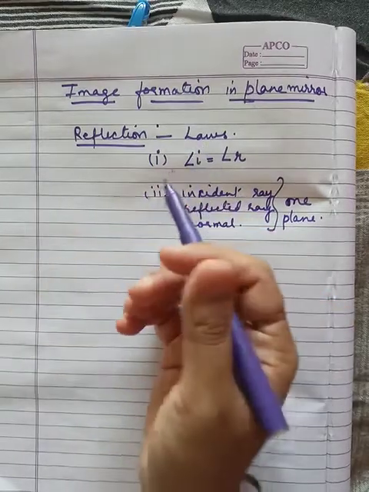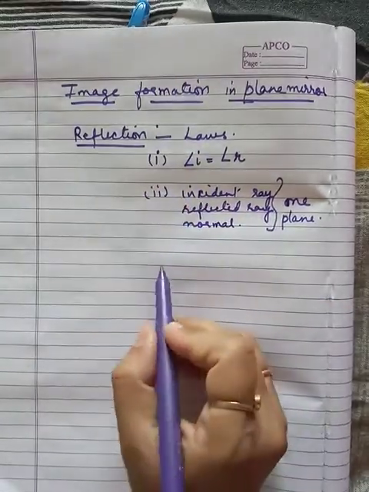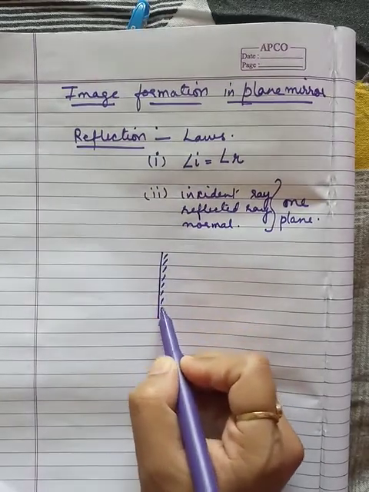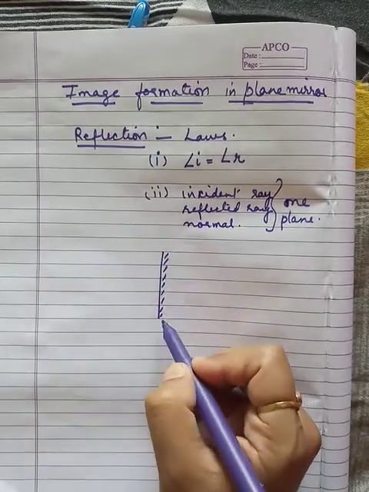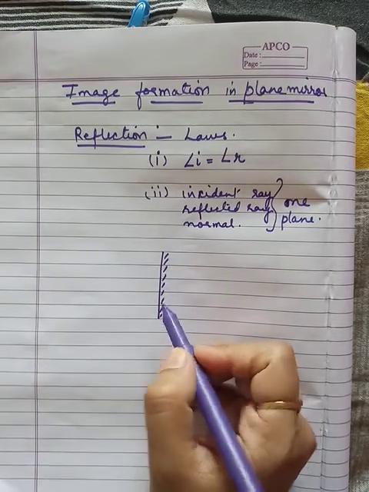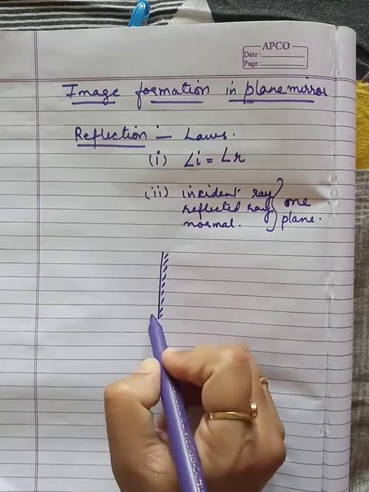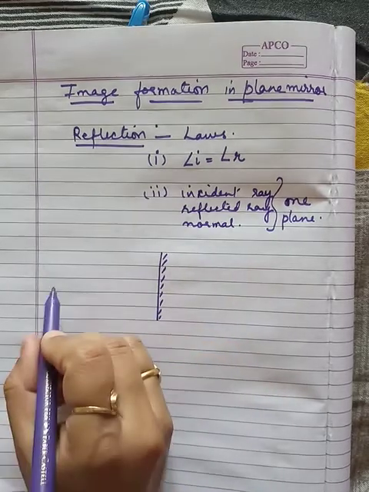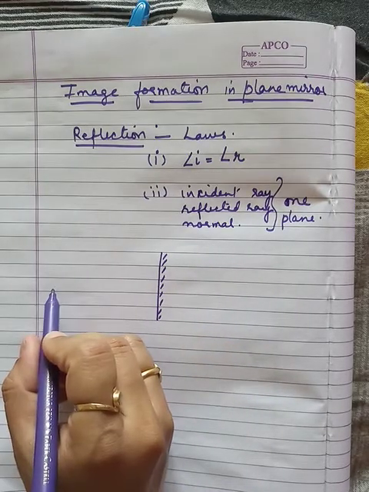Or in any case. Okay, so I will draw a plane mirror over here. Let us say this is a plane mirror, and the dashed part is the painted part and this is the polished part. So this part will reflect the light, so we will keep our object on this side.